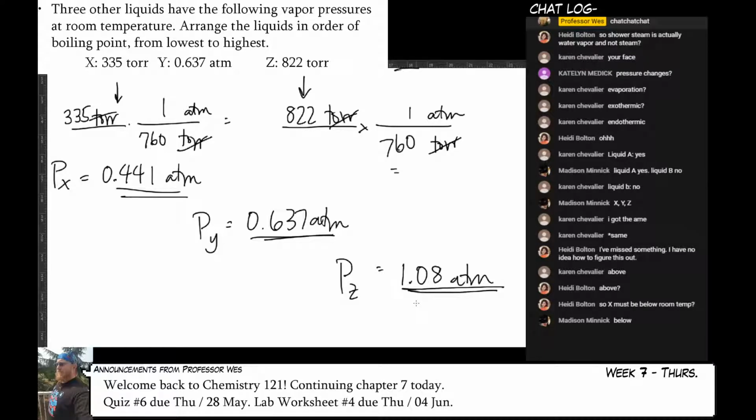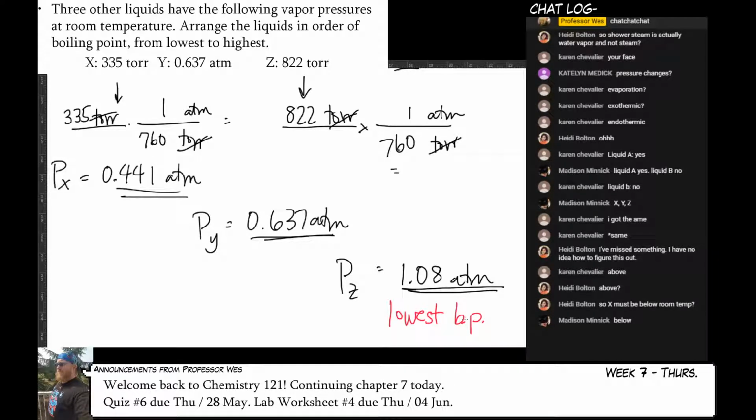The other two must be liquids at room temperature, because they have not gotten to 1 ATM. So we would conclude that this has the lowest boiling point, because it's going to boil at a cold temperature relative to room temperature. But now we got to pick which one's the next highest and which one is the highest. And again, remember, if vapor pressure is high, boiling point is low. And if vapor pressure is low, boiling point is high.